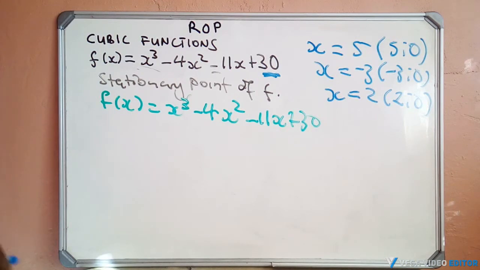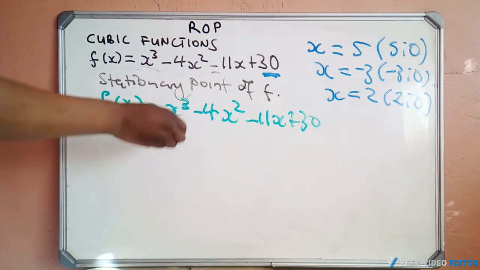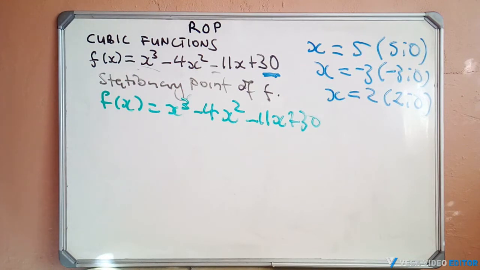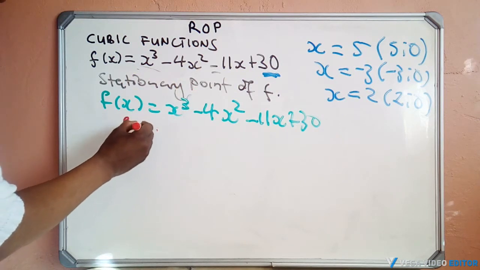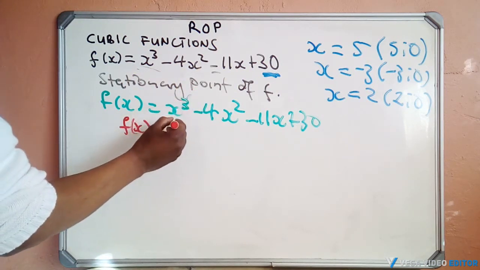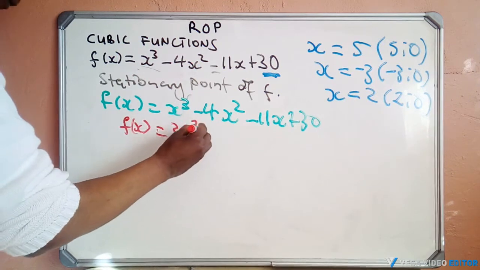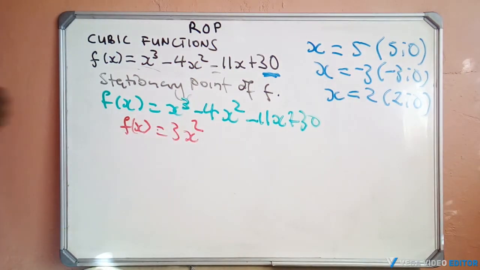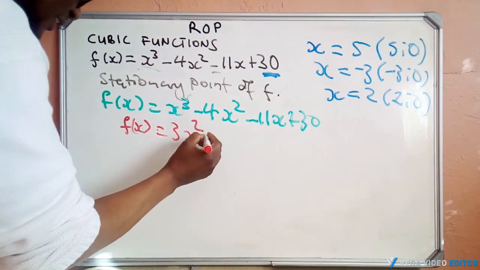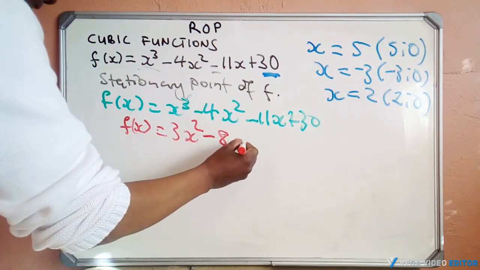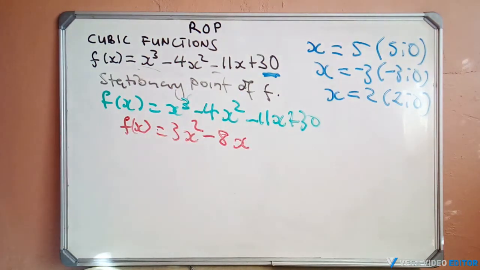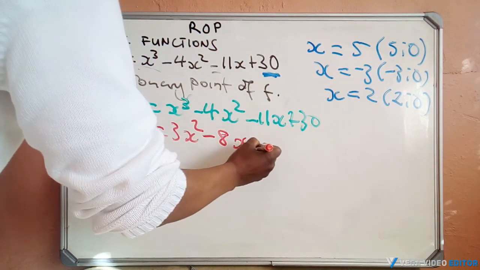So if we are to differentiate this only once, this is 3, so f'(x) equals 3x squared for the x cubed, minus 2 times minus 4 is minus 8x, and then 1 times minus 11 will give you minus 11.